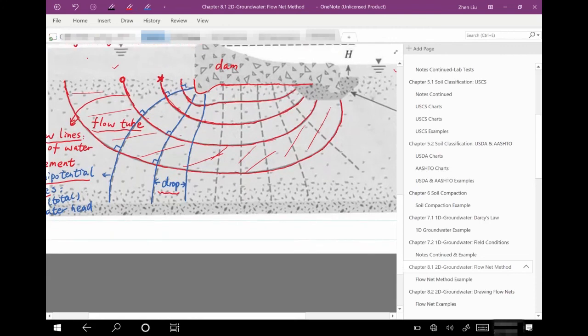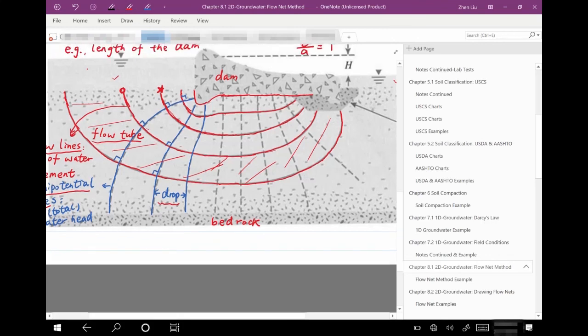And at the bottom, it is not mentioned here, but actually this is bedrock. Bedrock, we also believe that it is impervious. If something is impervious, that means water cannot move through it. If water cannot move through it, then water can only move along the boundary between the bottom of the soil layer and the top of the bedrock layer.